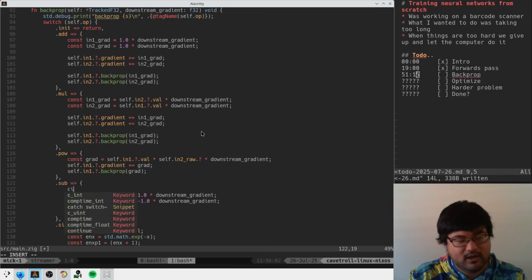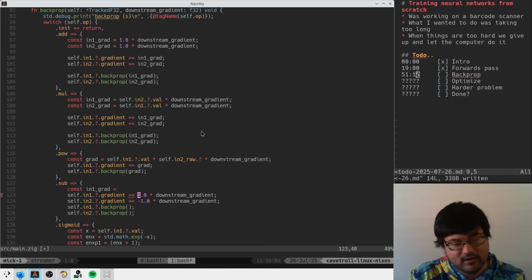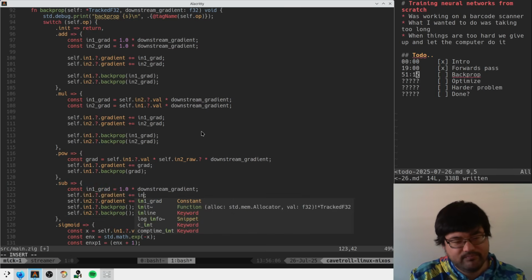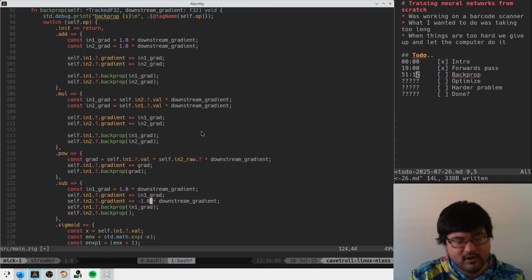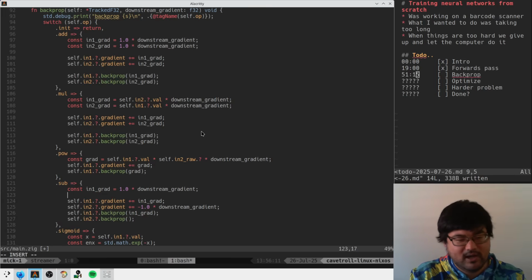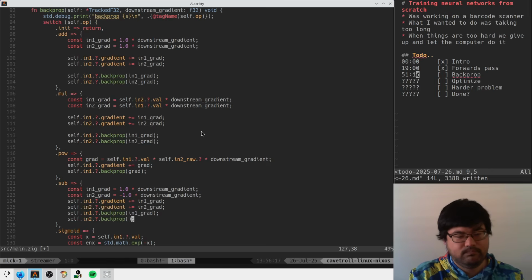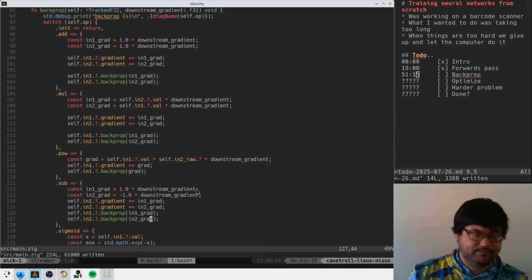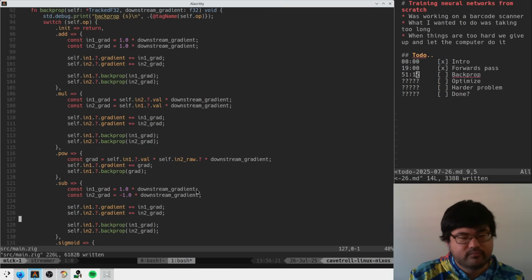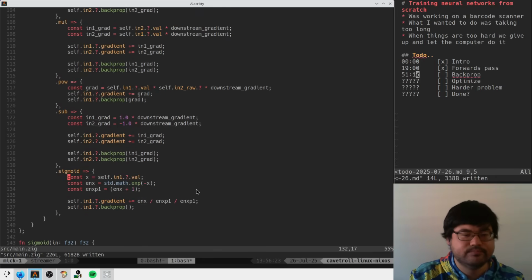Okay. In 1 grad here is this stuff, which goes in here and here. This is in 2 grad equals this stuff. And please God, tell me we're almost there.